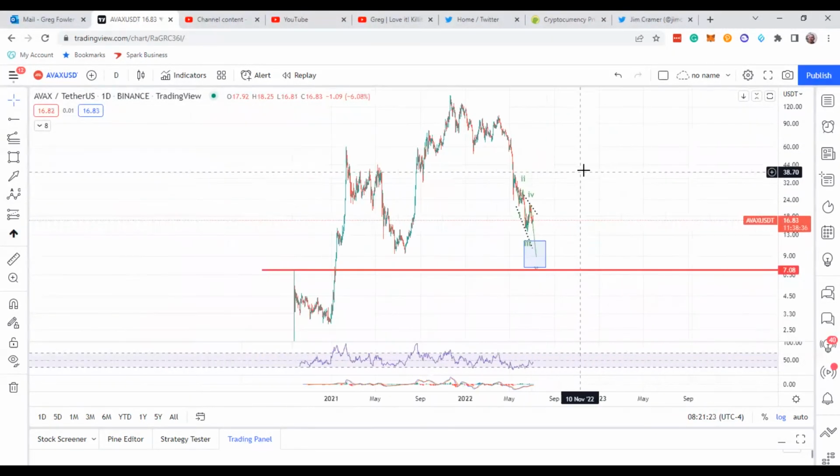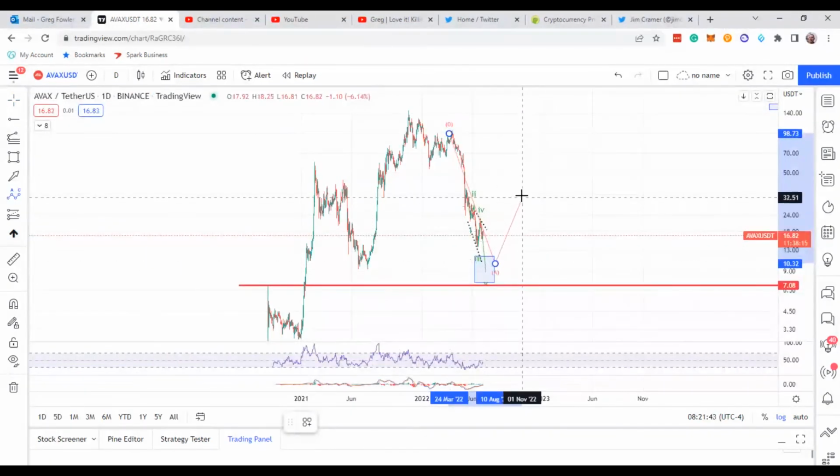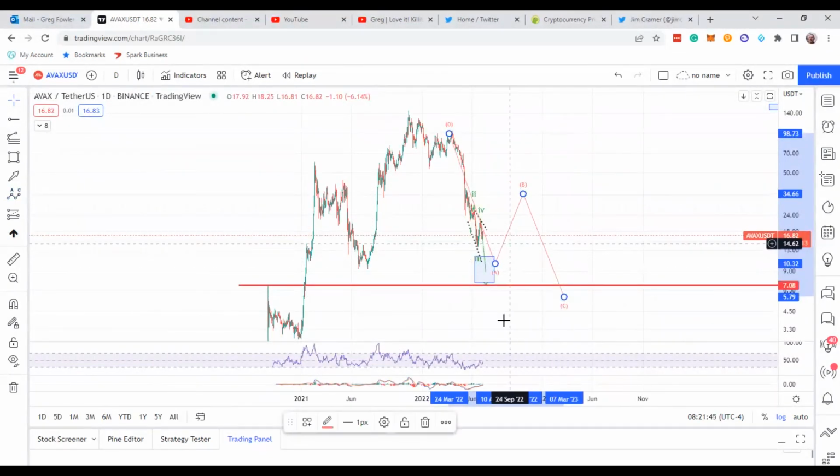Just to give you guys an idea, if I was to say I can't count that as a 3-3-5 type move, well, then this would be 3-3. It wouldn't even make sense because it ended here. Here's your 3 wave and your 3 wave and your 5. So I would have to take this as an A and make another B and then do another C. And I don't think so.